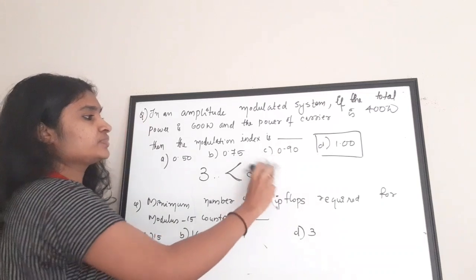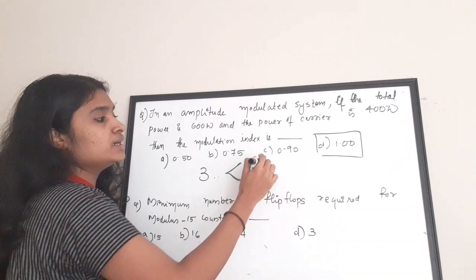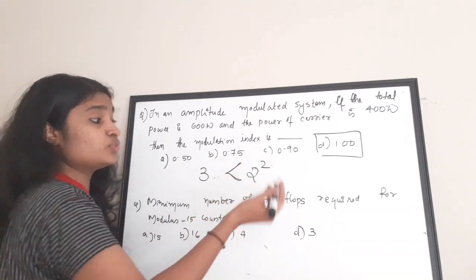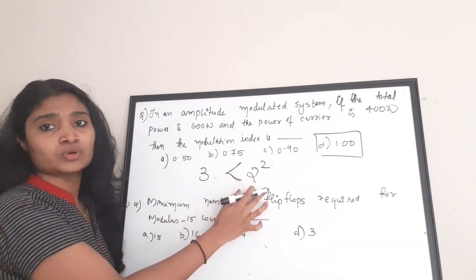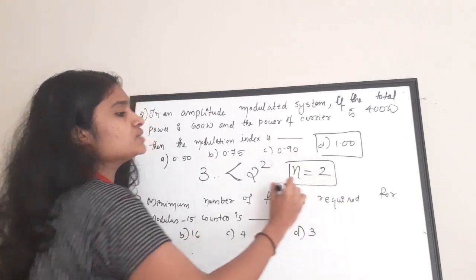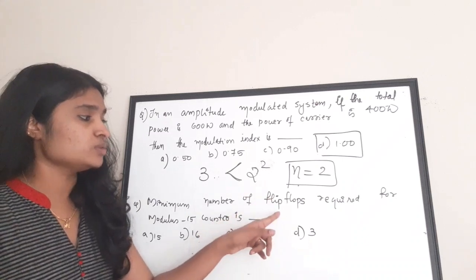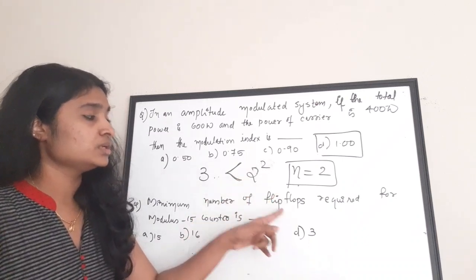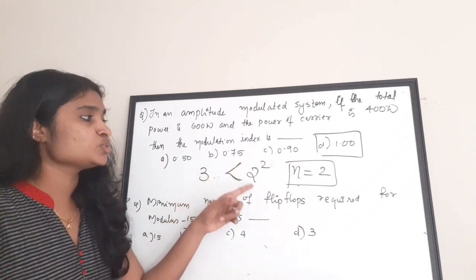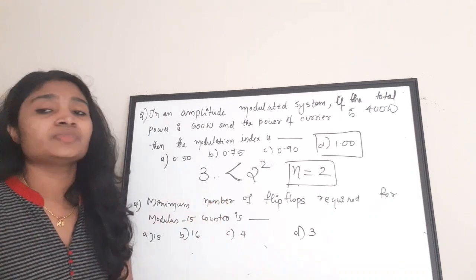Let us consider the values from 1. 2 raised to 1 is 2, no. 2 raised to 2 is 4. Yes, 3 is less than 4. So you need 2 flip-flops. Likewise you have to think. So the modulus value N should be less than 2 raised to the number of flip-flops. This is the condition. I hope this is clear.